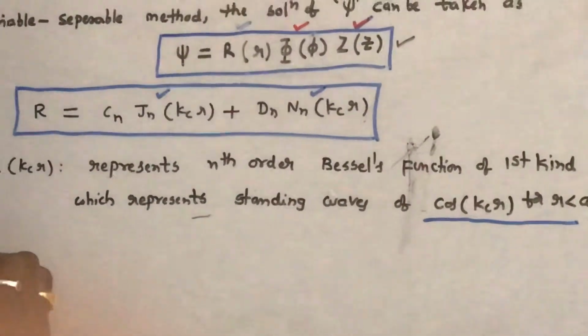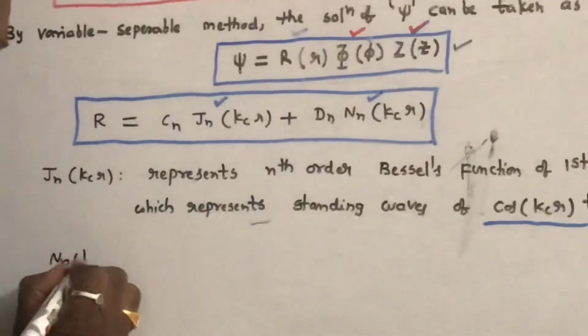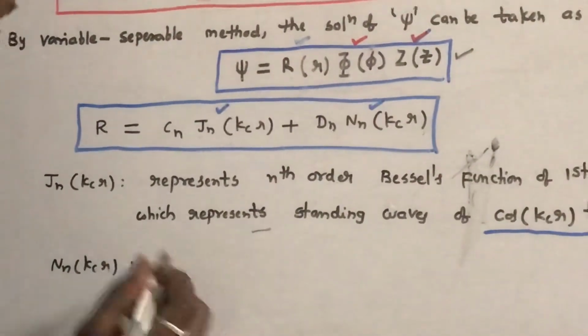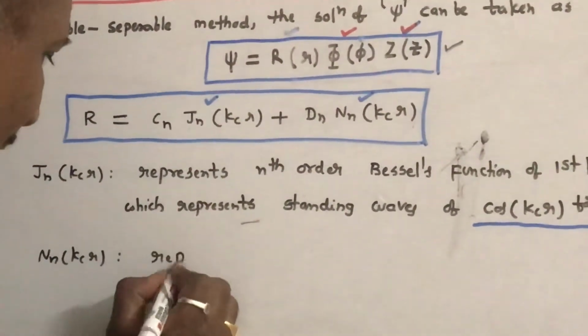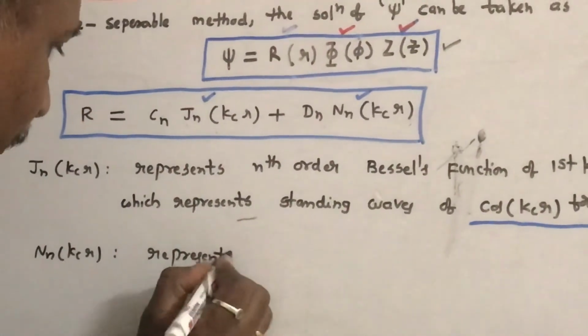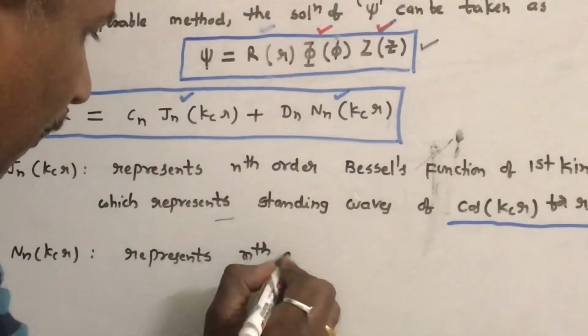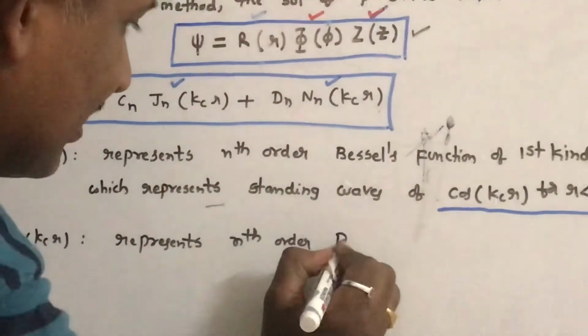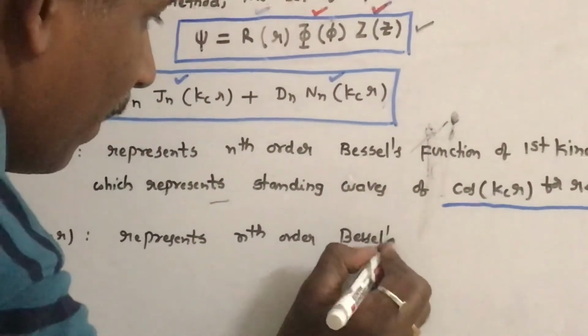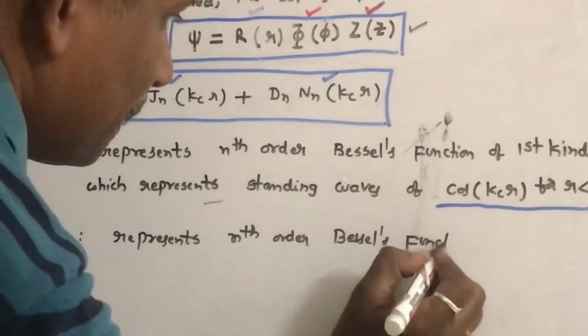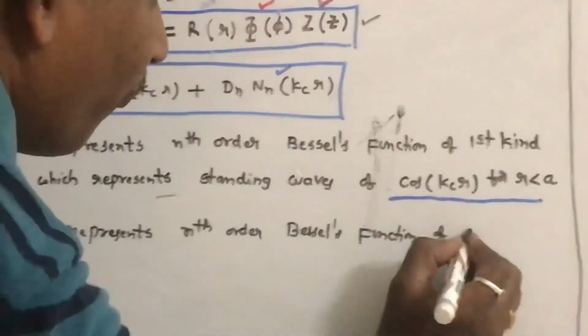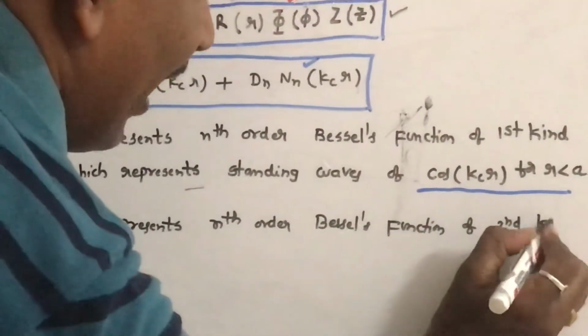Similarly, we write the statement of Nn of kc r. Nn of kc r, in the same manner, represents the nth order Bessel's function of second kind.